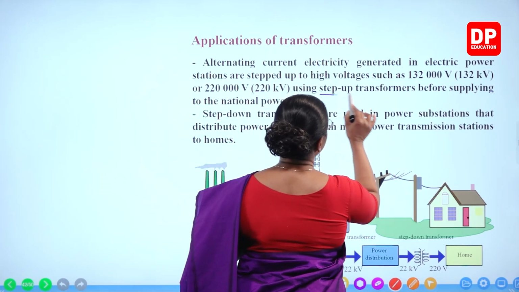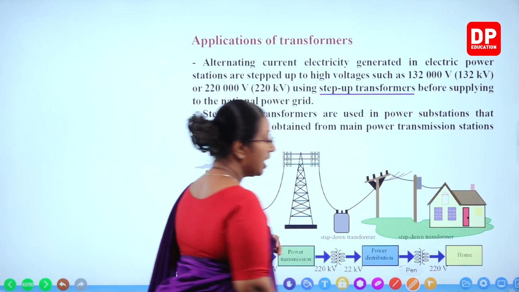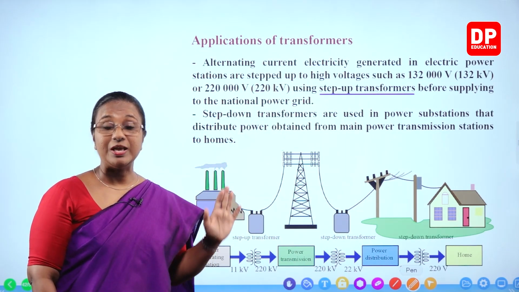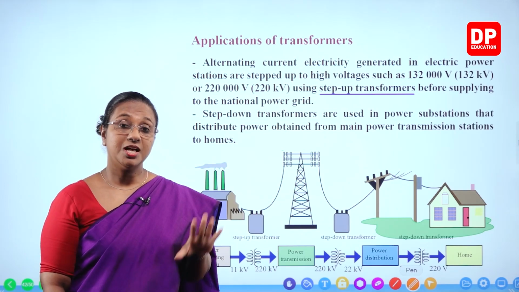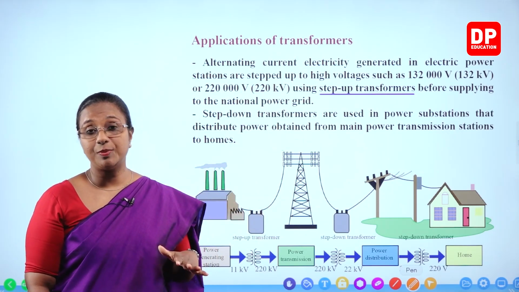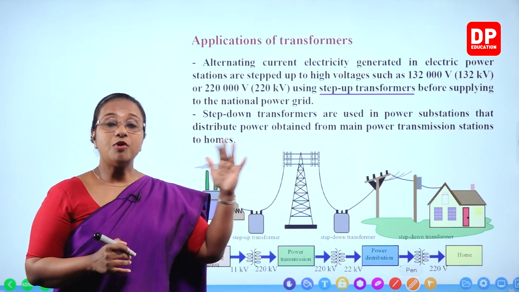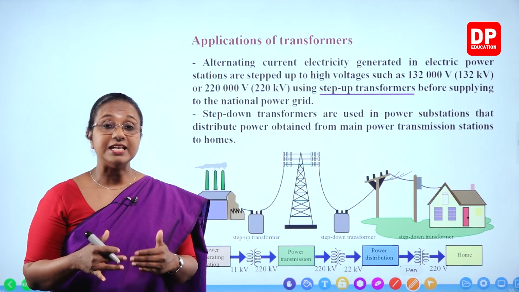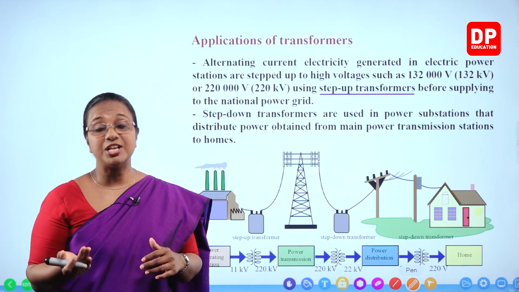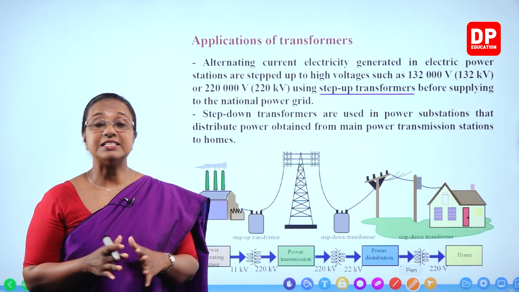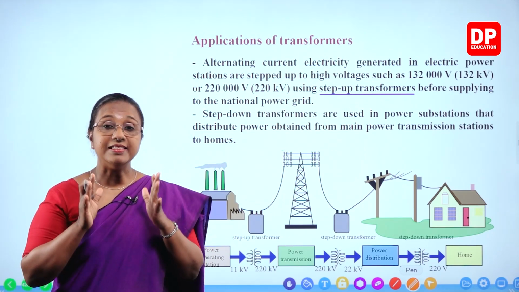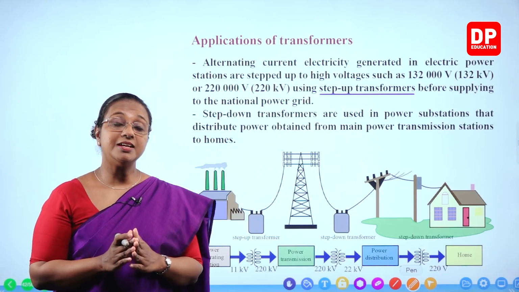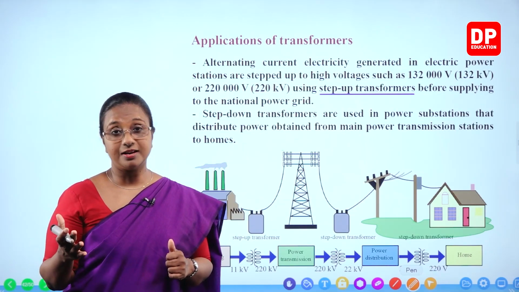So here, step-up transformers. You can remember, students, when we discussed dynamos, I told you that in a hydropower plant, when the water falls the dynamo rotates and electricity is generated. The electricity that is generated is alternating current.